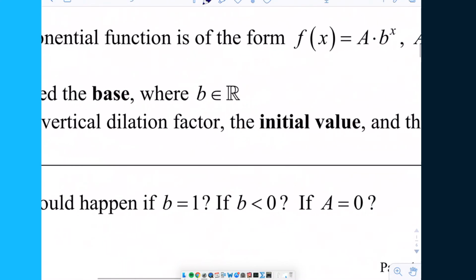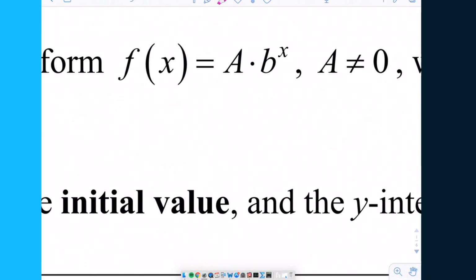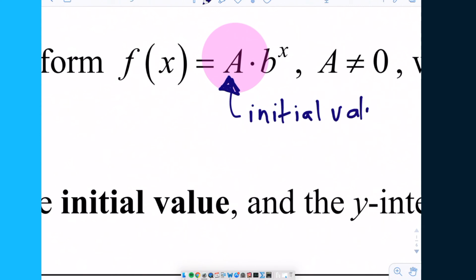Now, a is the number that's being multiplied by the base. It can't be 0. It could be positive or negative. It could be anything. This is called your initial value. I write it down there, but I'll label it here. Now, in this case, initial corresponds to what value of x? What is the y-intercept here?